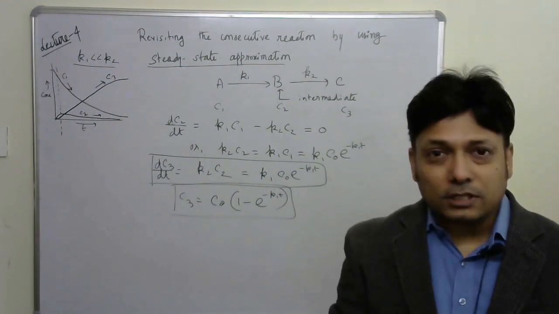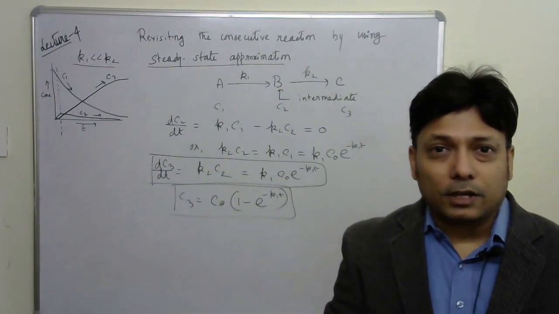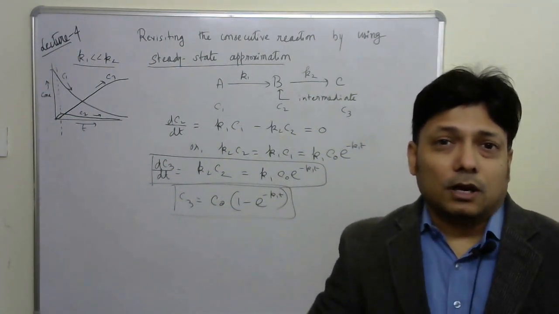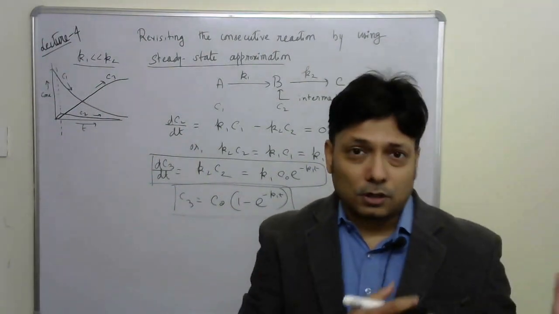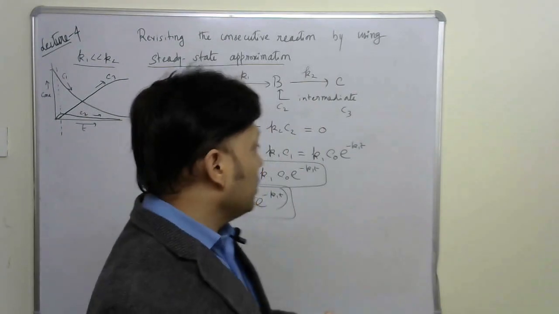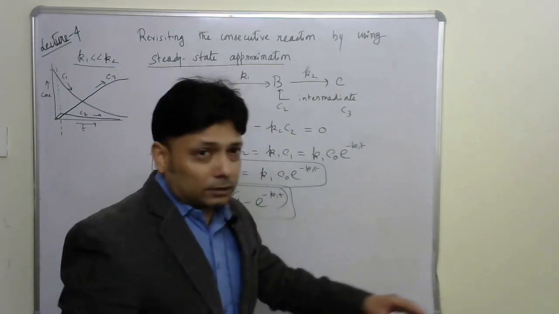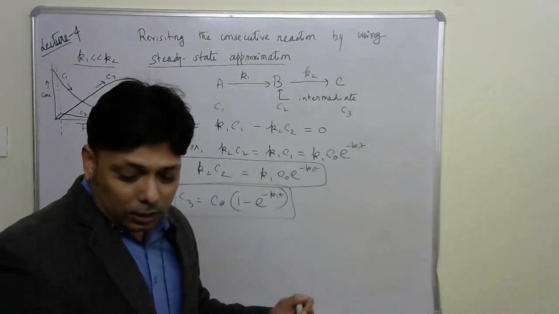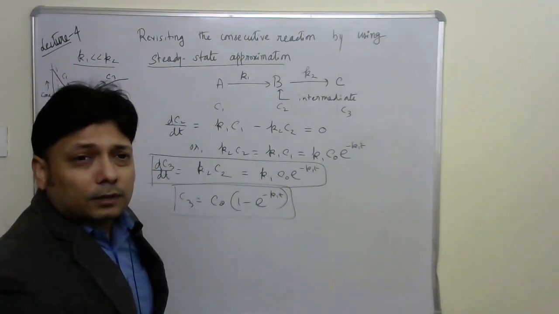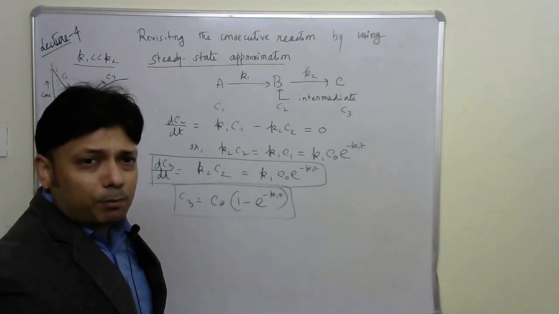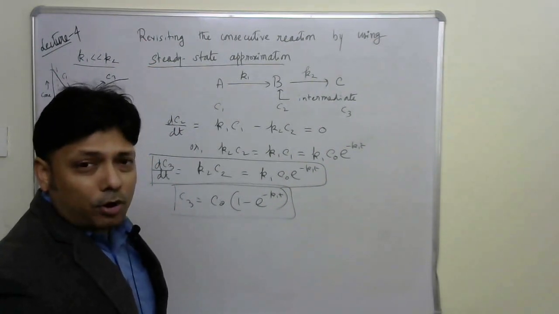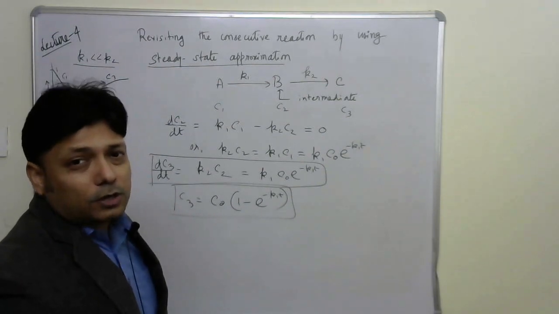So this is just an approximation, and experimentally, as I said, it has been found that this approximation holds very well. So it matches our theoretical calculation with the experimental one. Therefore, we would move to verify some real-life example of chemical kinetics where the concept of steady state approximation can be applied. So let's take a look at that.